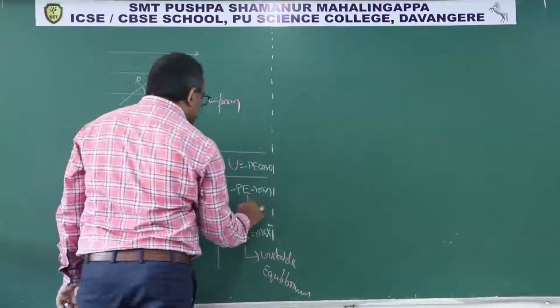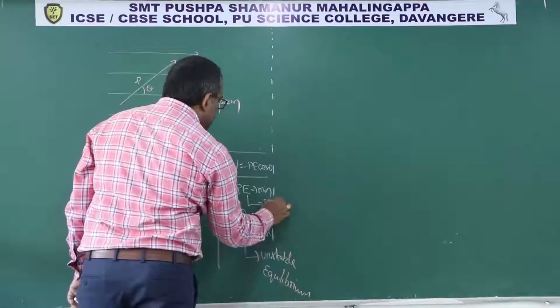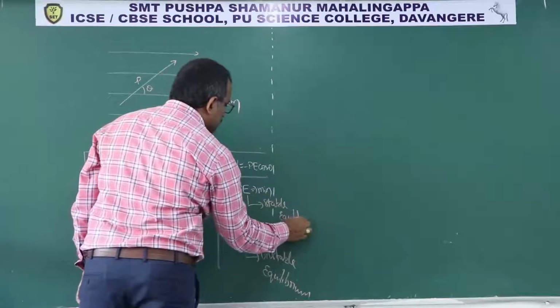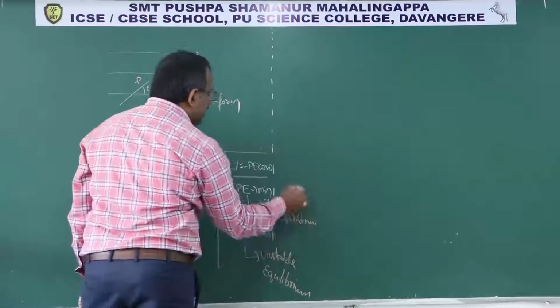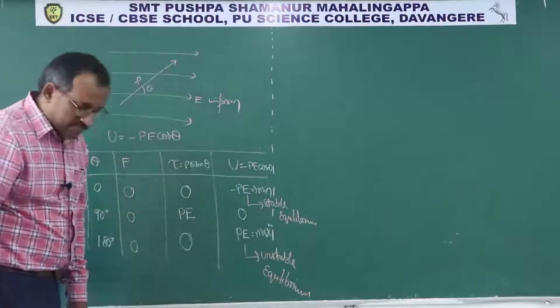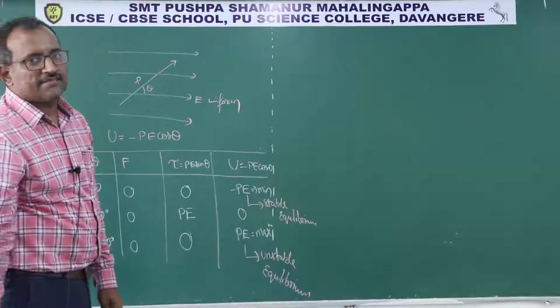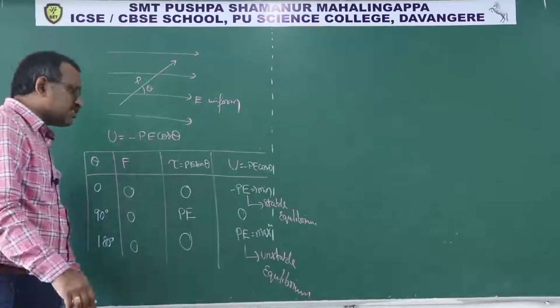And this is minimum potential energy, stable equilibrium. So please try to understand stable equilibrium and unstable equilibrium. Clear? So that's all for the story.